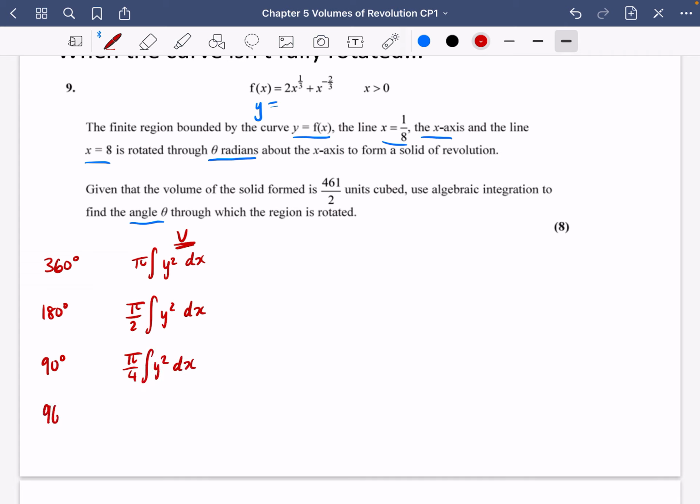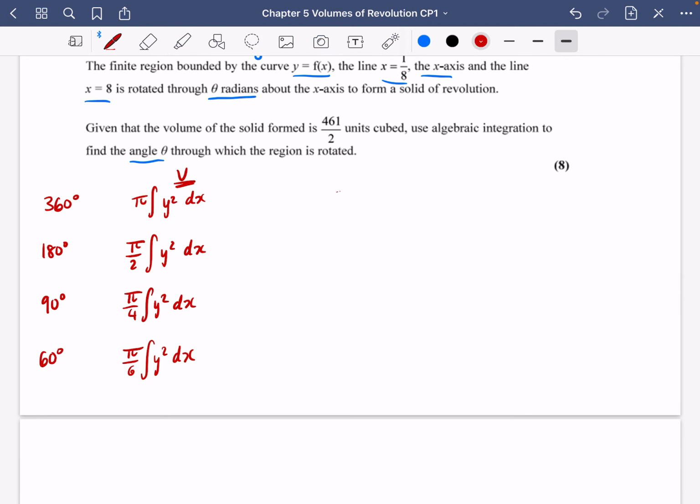And just one more. I've done 90 degrees, sorry. What was I going to do? 60 degrees. It would be pi over 6 y squared dx. But what about if I was just rotating it theta degrees? Well, if I was rotating it theta degrees, what I would do is divide it by 360, then multiply it by theta, and then do the same thing of y squared dx between my limits.